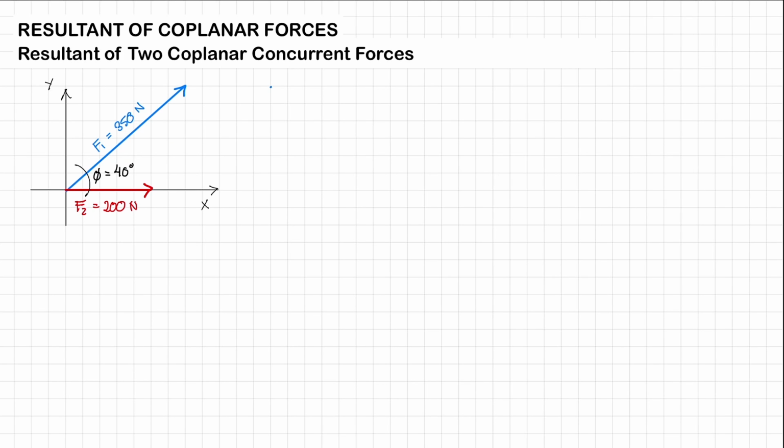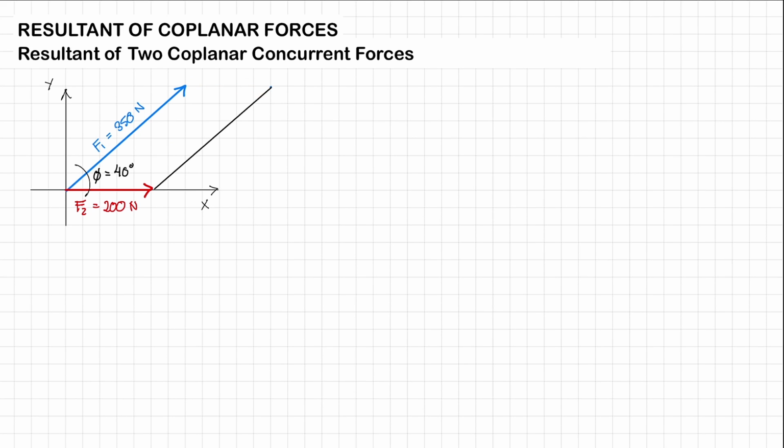Okay, so to draw the parallelogram, we're just going to transfer or copy our first force, F1, on the tip of our F2. So we're going to draw it this way. Okay, so for our F1, and then for our F2, we're just going to be drawing it from the tip of our F1 towards here.